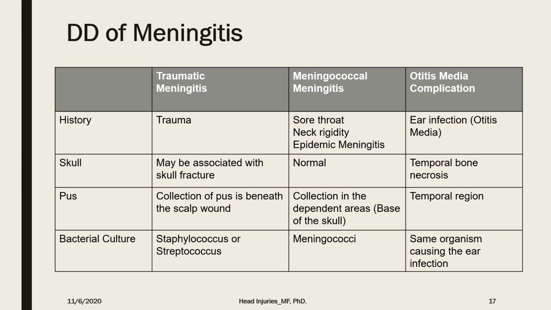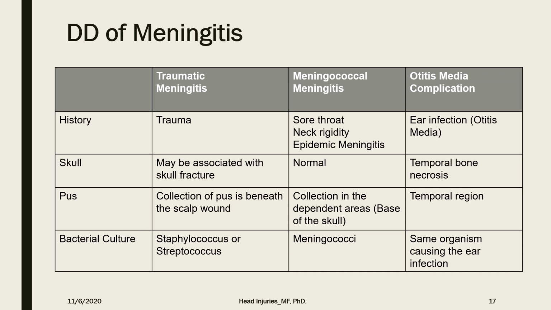Different types of meningitis. We need to differentiate between different types of meningitis, whether it is traumatic in origin, caused by meningococcal meningitis, or a complication of ear infection, specifically otitis media. So in case of traumatic meningitis, usually there is a history of trauma, and you can find a skull fracture or an external injury anywhere in the skull.